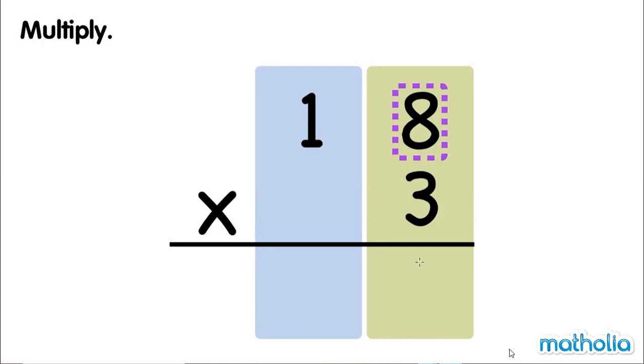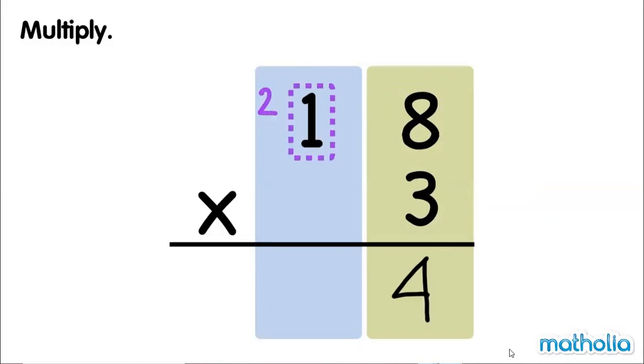Regroup 24 ones into 4 ones and 2 tens. Next, multiply the tens by 3 and add the regrouped tens. 1 ten times 3 equals 3 tens, plus 2 tens equals 5 tens. 18 times 3 equals 54.